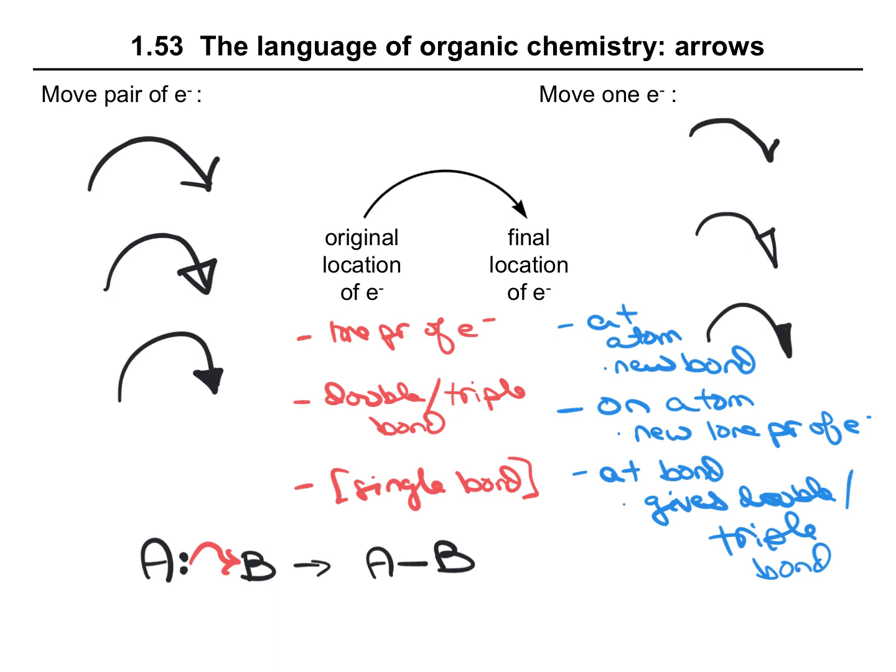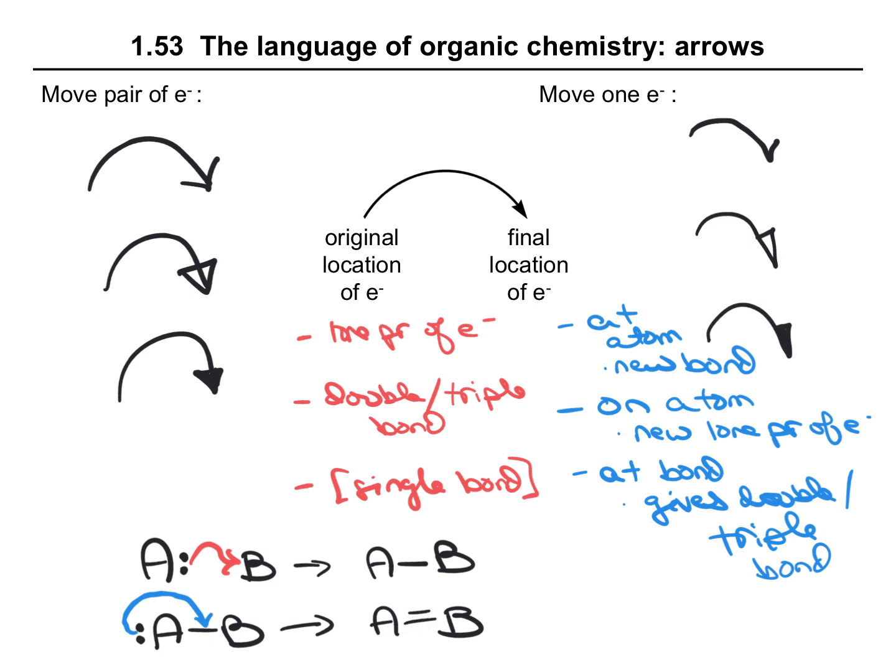Another example would be if we have A and B, and we have a lone pair on A. If the arrow starts at the lone pair and goes to the bond, then we are ending up with a double bond between A and B. So in both of these cases, we're starting with a lone pair. In the first case, we are ending at the atom, so this is a new bond. In the second case, we're ending at a bond, which gives us a double bond.